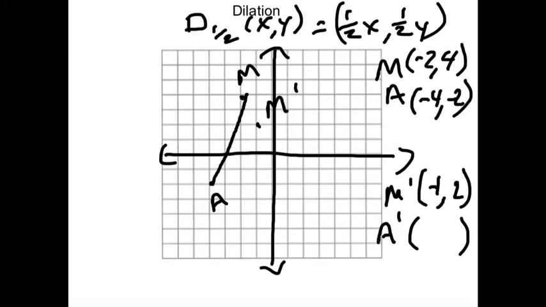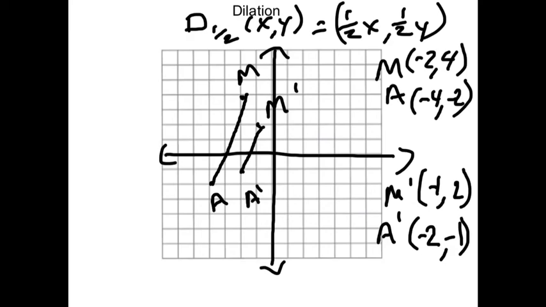And A prime would be 1/2 of -4, because A has an x value of -4. So A prime's x value would be -2, and A prime's y value would be -1. And so if I connected it, M prime A prime should be 1/2 of MA.